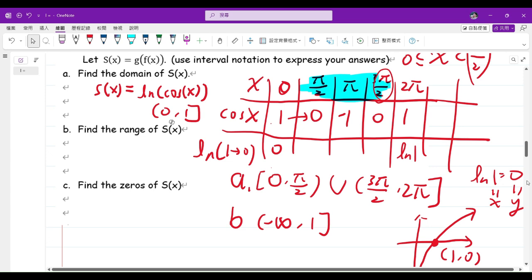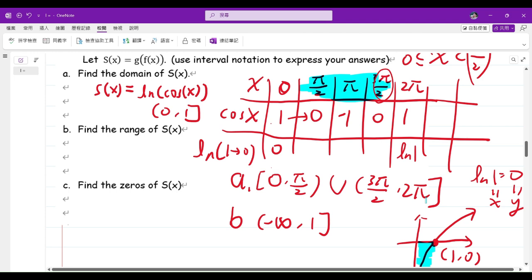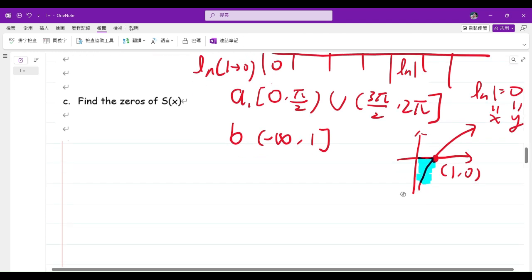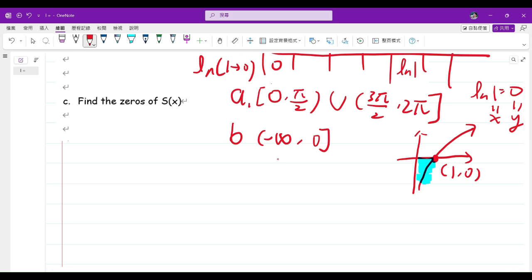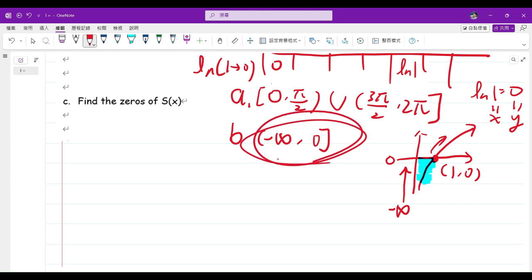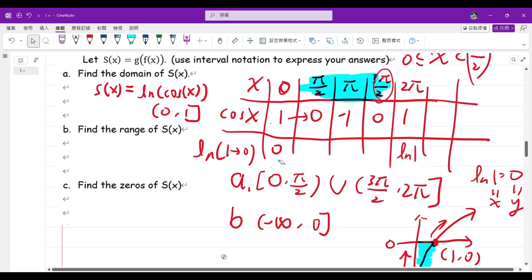So your graph is only here. So your value of y is from negative infinity to 0. Sorry, this is to 0. So your value of y can be from negative infinity until 0, but cannot go over the x-axis. That's your range for S of x.